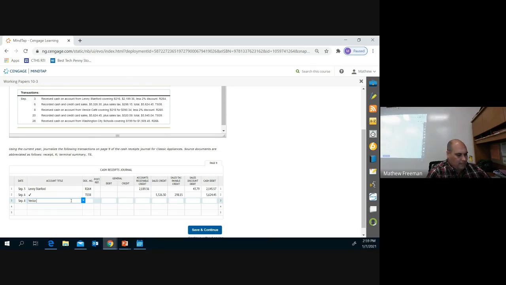There we go. FA. We're going to put it on R265. And we know the amount of $390.34 is what we're putting into our accounts receivable credit.